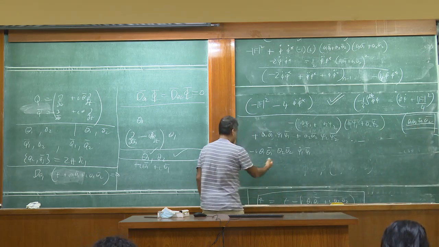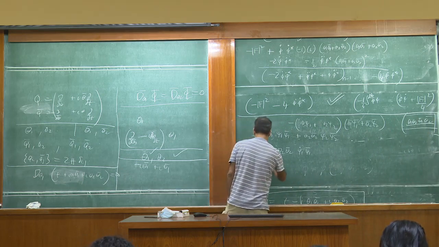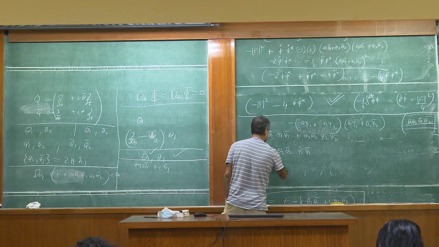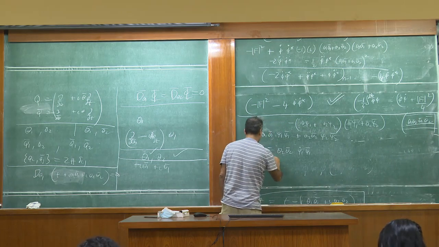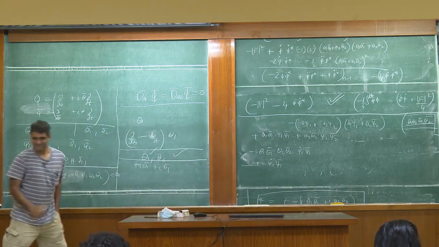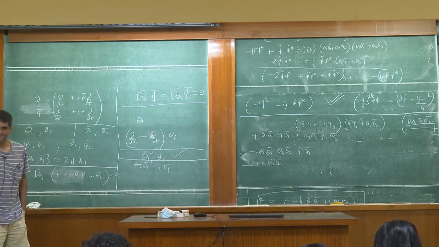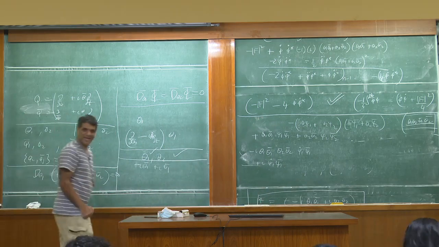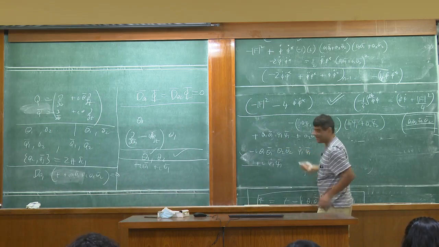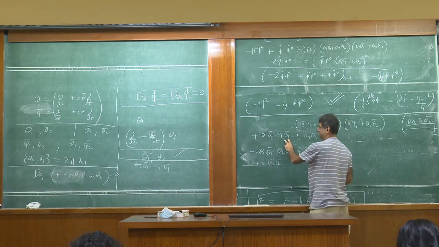Okay. So then we get plus i psi 1 dot psi 1 bar, right? Okay, and what about the other term, the term where we expanded psi 1 bar out?